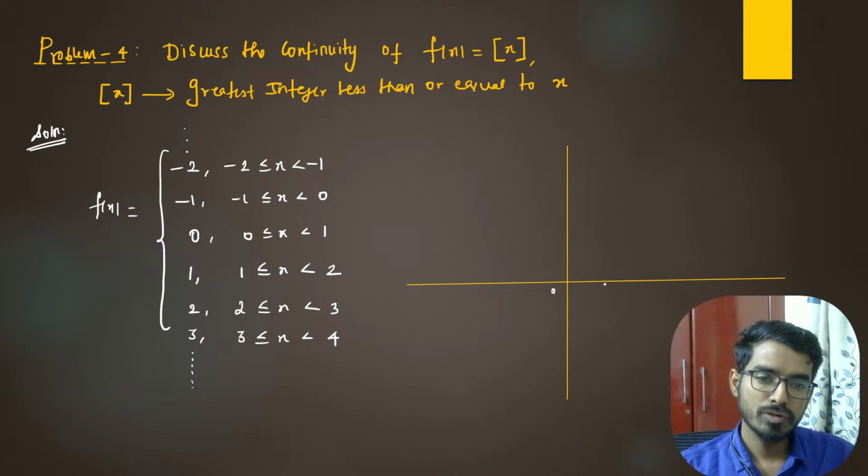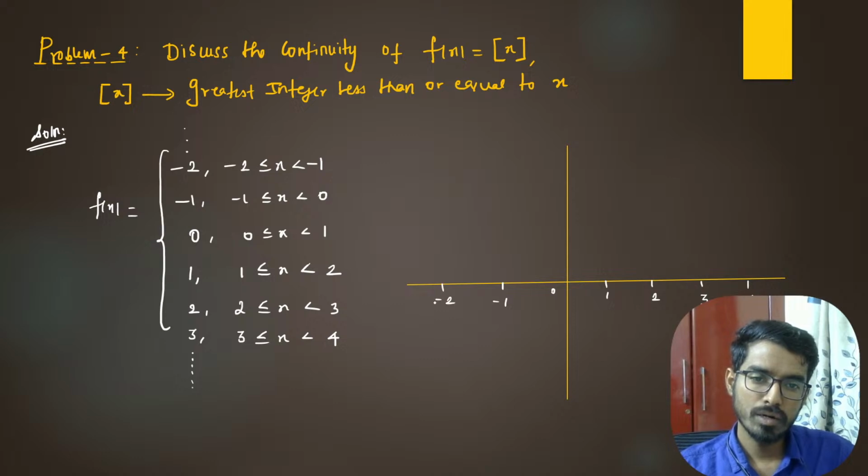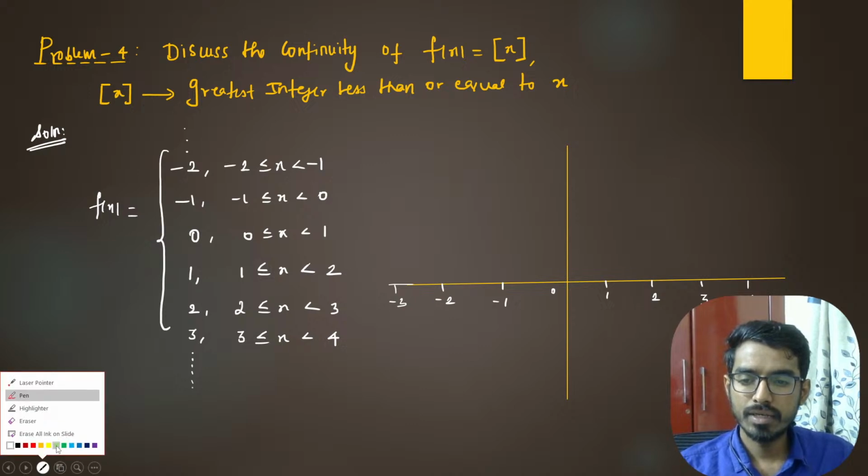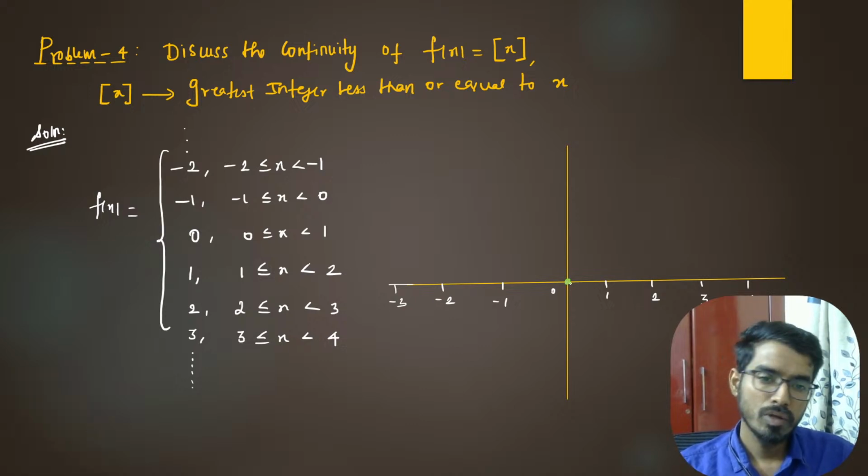So here it is 0, 1, 2, 3, 4. It is minus 1, minus 2, minus 3, and so on. Now you can see when x is 0, it is 0. 0 to 1, all the values are 0. But at 1, I'm just putting a hole here because at 1 it is not 0, right? So when x belongs to 0 to 1, including 0, all the outputs are 0.